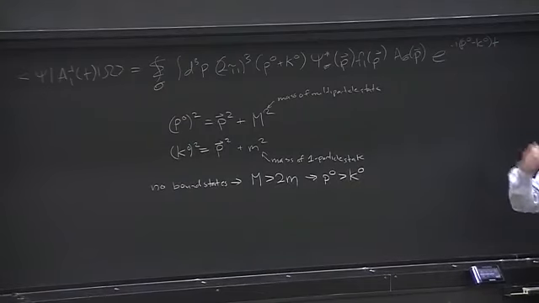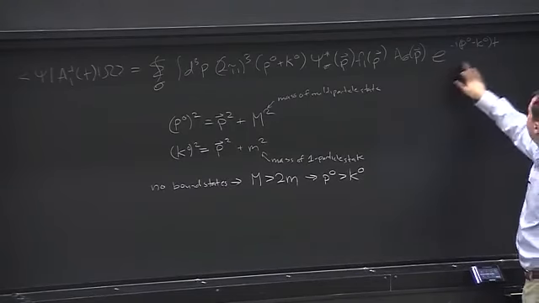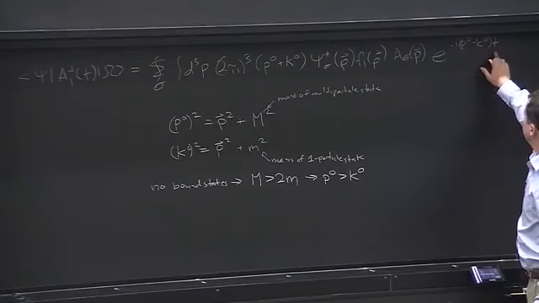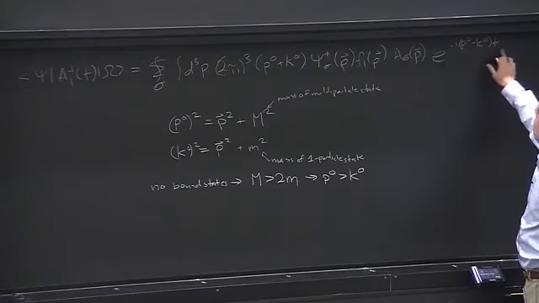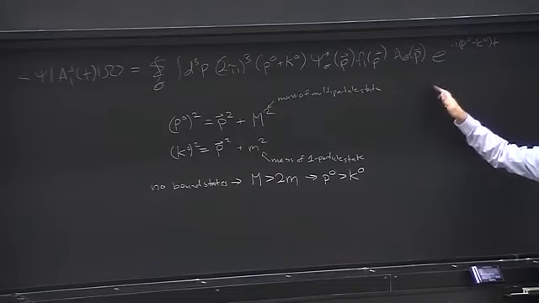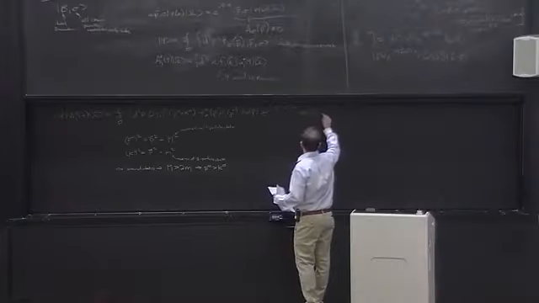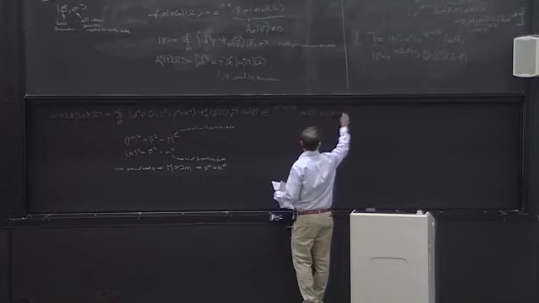We want our one particle states and multi-particle states to be different in the far past and far future. This is saying that as t goes to plus or minus infinity, this exponential is going to oscillate more and more rapidly, and we'll go to 0, in fact, as t goes to plus or minus infinity.